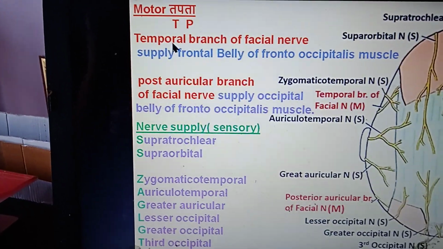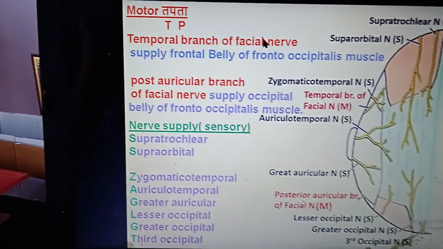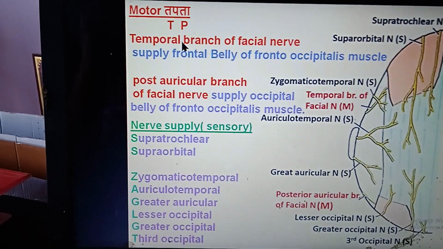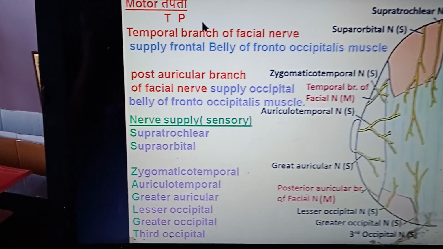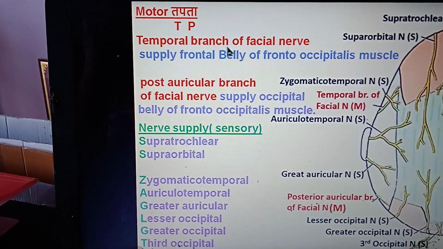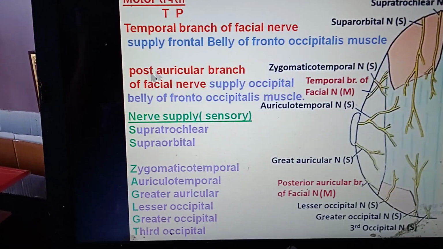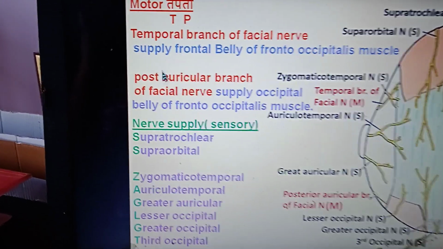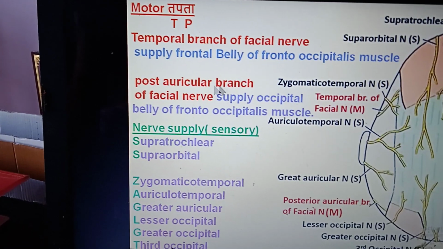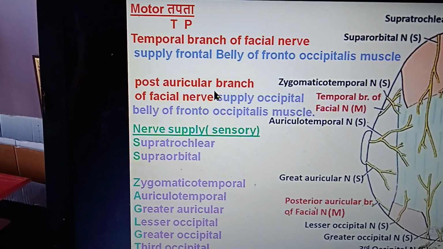We know that in the scalp there is only one muscle, the fronto-occipitalis, and it has two bellies. The frontal belly is supplied by the temporal branch of the facial nerve, whereas the occipital belly is innervated by the posterior auricular branch of the facial nerve.